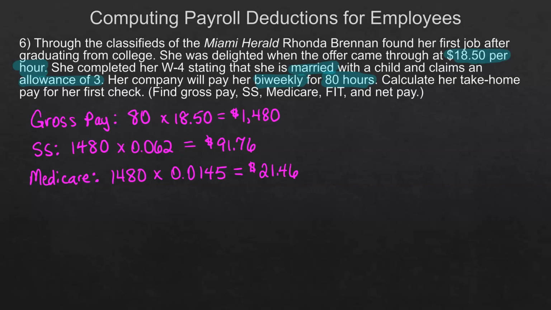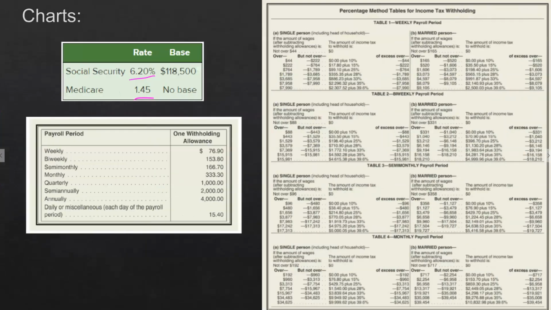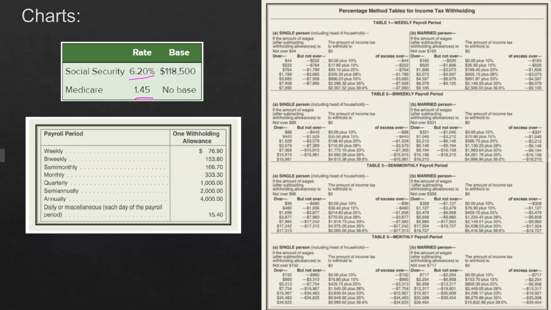Okay, so now we're going to work through the federal withholding. And in this case, remember, she's married with 3 allowances. So on the next slide, if we go here on biweekly, we see that it is this one, and she has 3 of those.